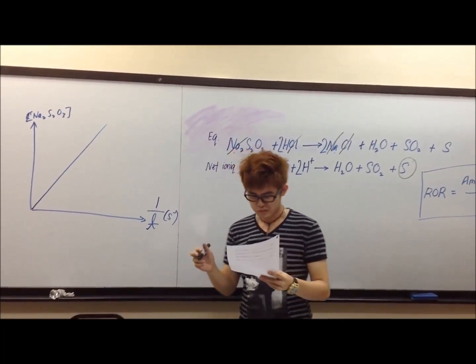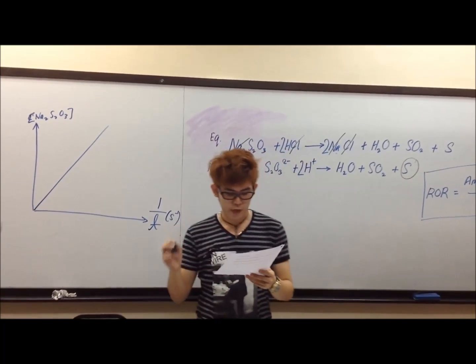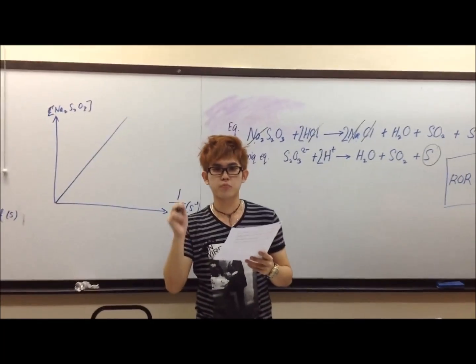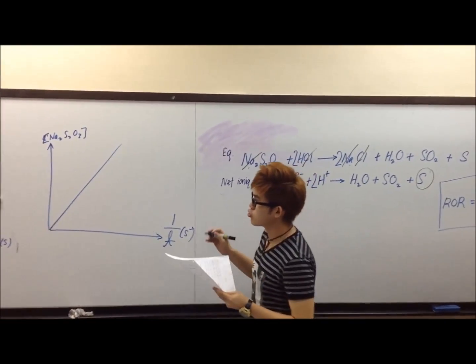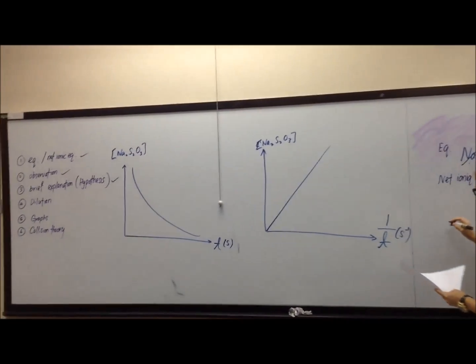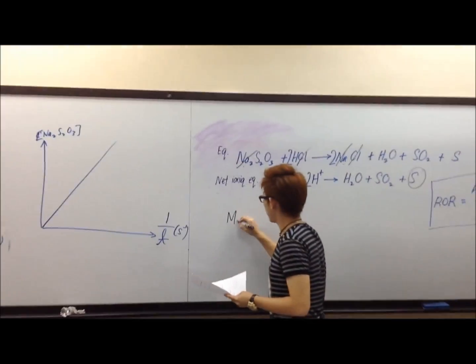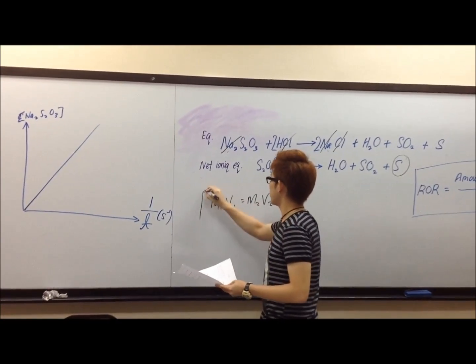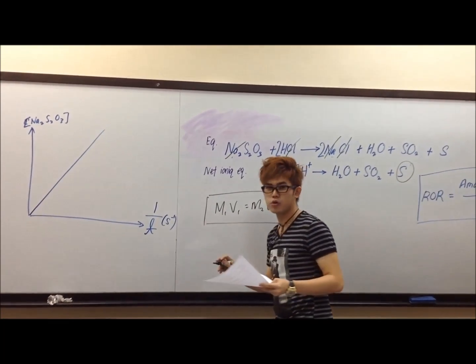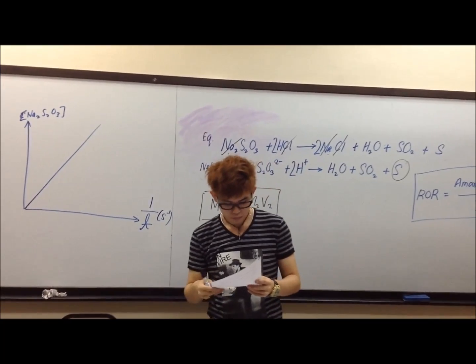Steps in the procedure where you are required to find the concentration of sodium thiosulfate solution. You can use the dilution method, which is this formula, N1V1 equals N2V2, to find the concentration of sodium thiosulfate solution.